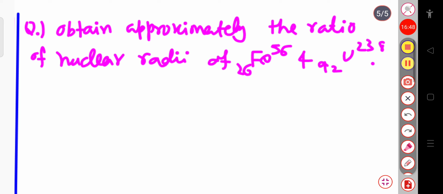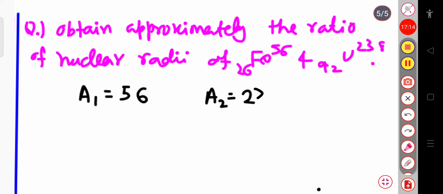What is the approximate ratio of these nuclear radii? For the iron, suppose I consider A1, which is equal to 56, and for the uranium, A2 is equal to 238.